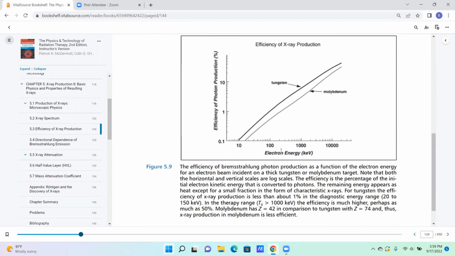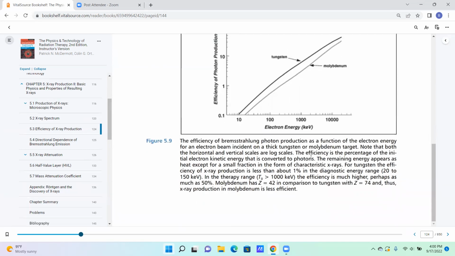This is a logarithmic scale down here as well as over here, so it's a logarithmic graph. You can see that at diagnostic energies, you're looking at about 1%. When you start getting up into the therapeutic, you're looking closer to 10%. And then if you're looking at 10 MeV, you're looking closer to 40 or 50.